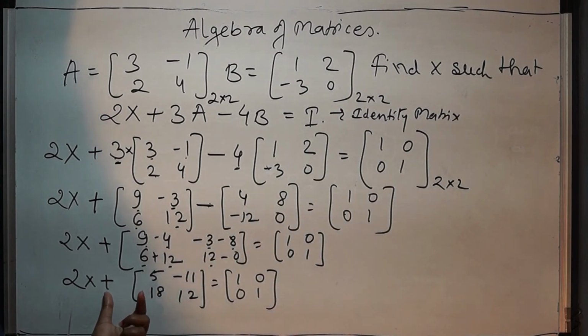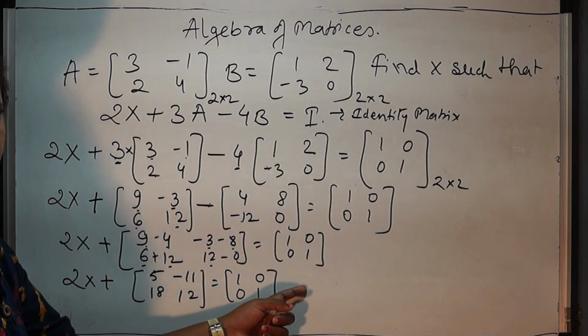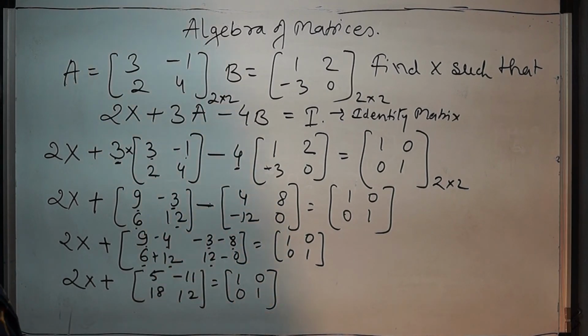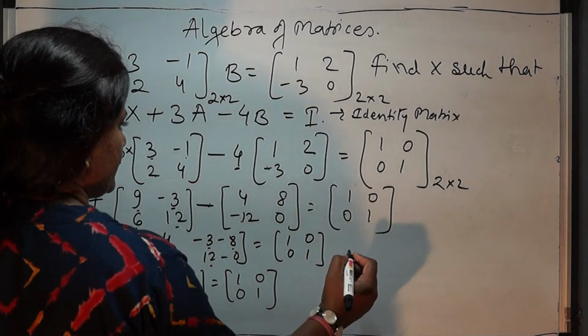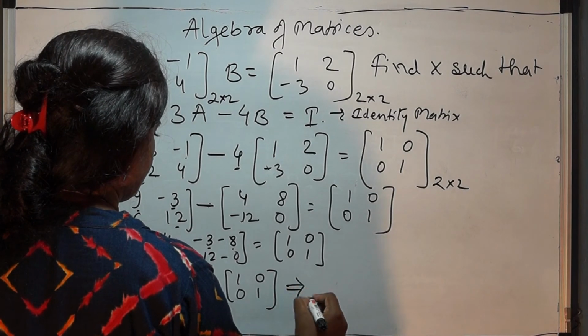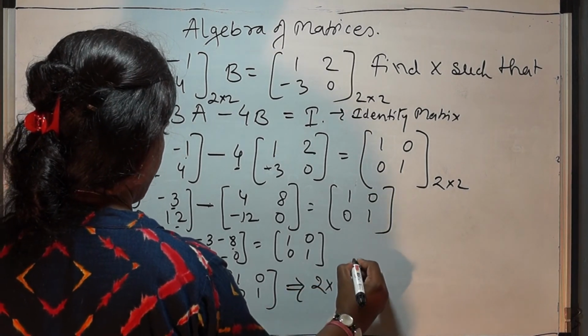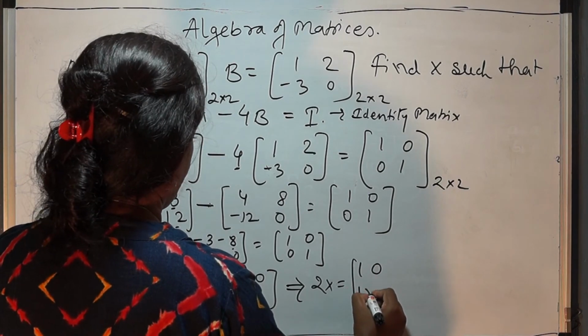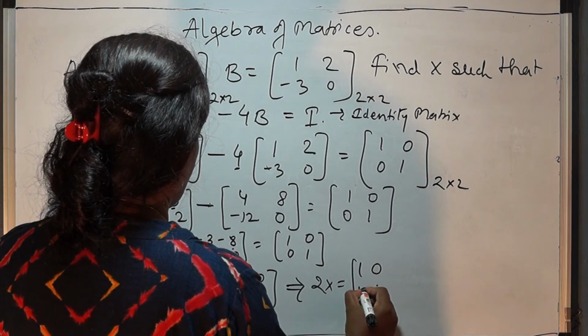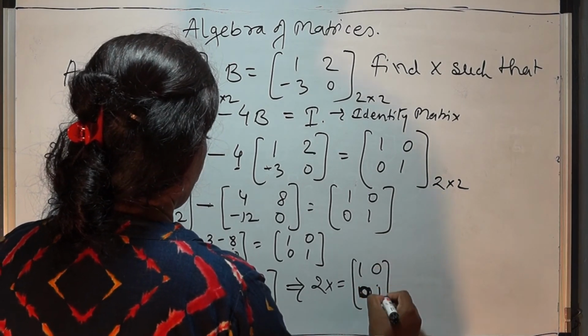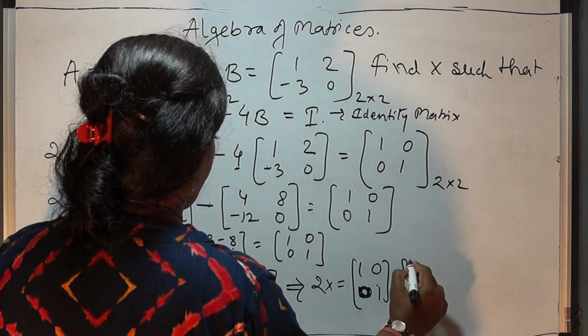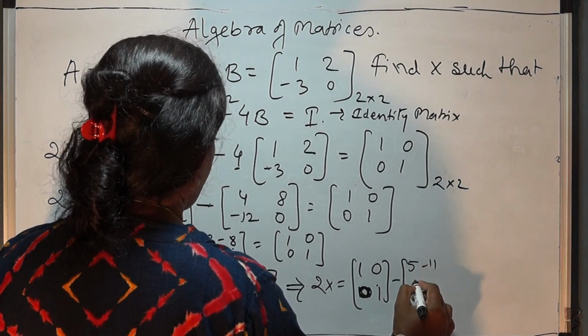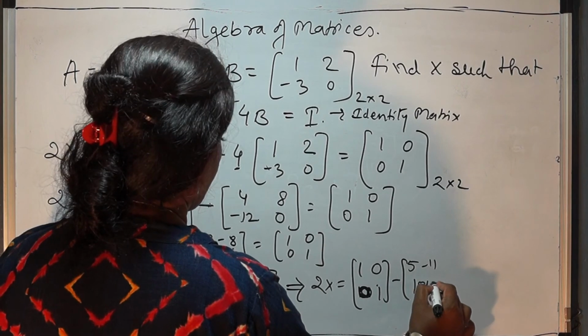Normal maths calculation: when a positive number goes to the other side of equal to, it becomes negative. Likewise this positive matrix, when it goes here, it will become negative. So 2x is equal to 1 0 0 1 minus 5, minus 11, 18 and 12.